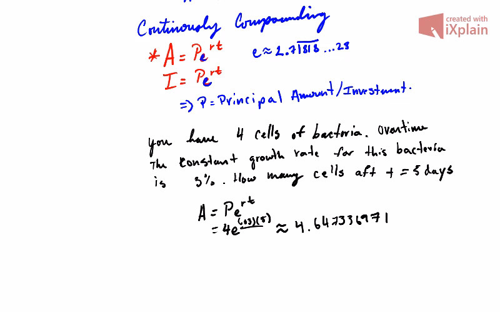Now that's not really a good example, mainly due to the fact that we know bacteria grows fast. Some bacteria grows really slow, some grows fast, some has a medium growth rate. But basically after 5 days, I have 4.64 cells. So I almost have 5 cells of bacteria.